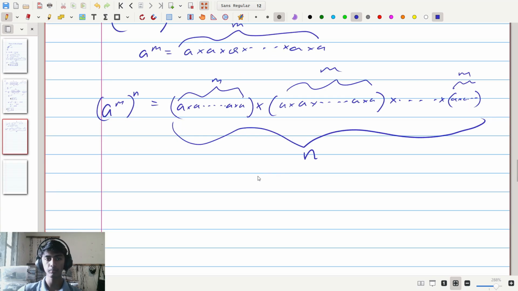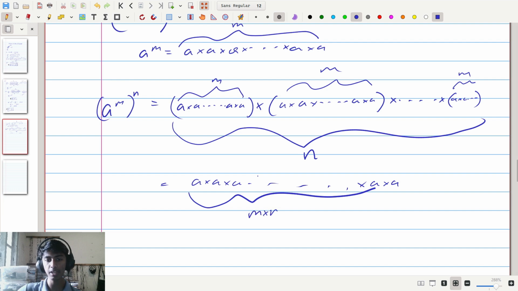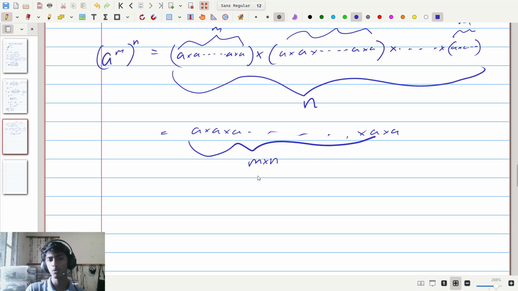So in total, if we count the number of a's that we have, a times a dot dot dot, multiplying a lot of a's together, we have a total of m times n number of a's that are being multiplied together when we have a to the m, brackets, to the power of n. So we have a name for this.